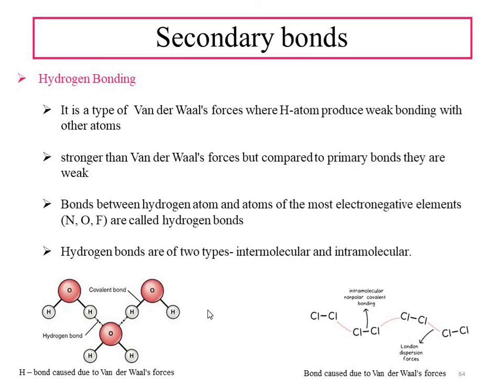We have seen how primary bonds like ionic, covalent, and metallic bonds work, and the secondary bonds mainly lie with van der Waals forces. And we have seen a special type of bond, hydrogen bonding.